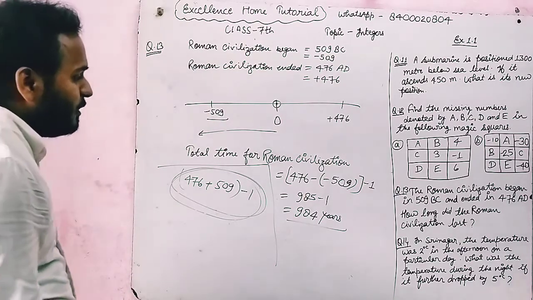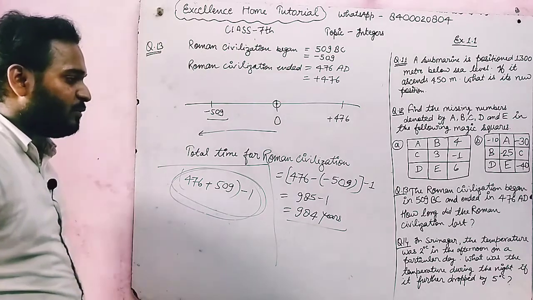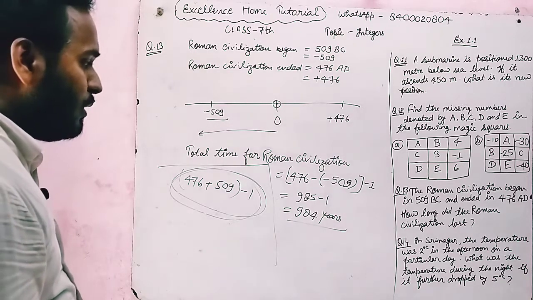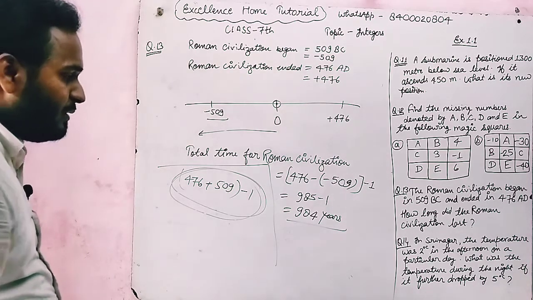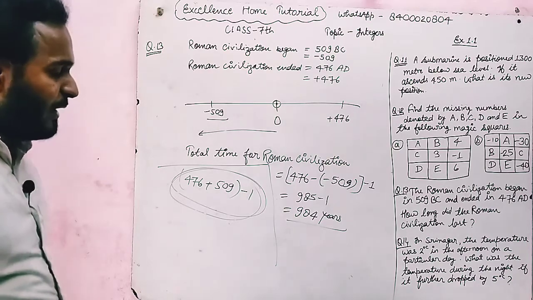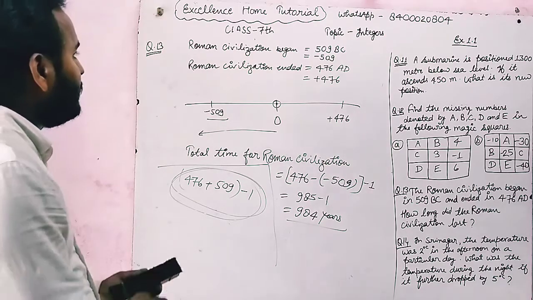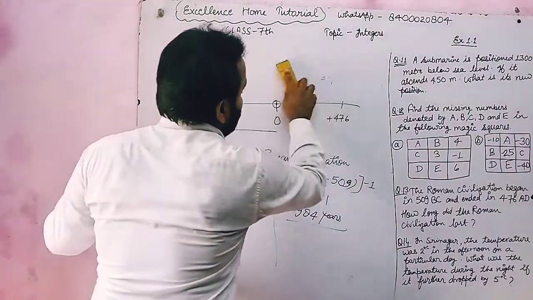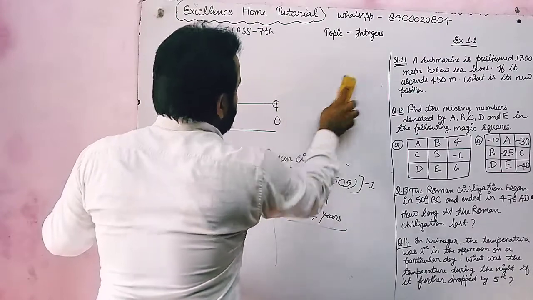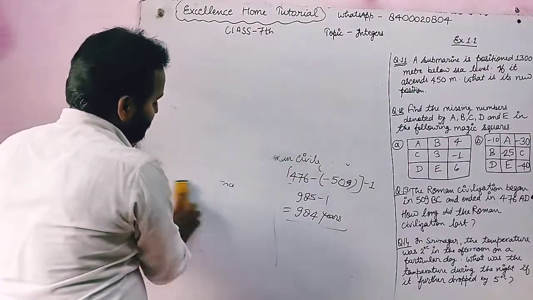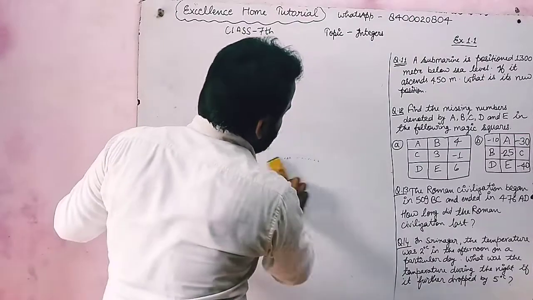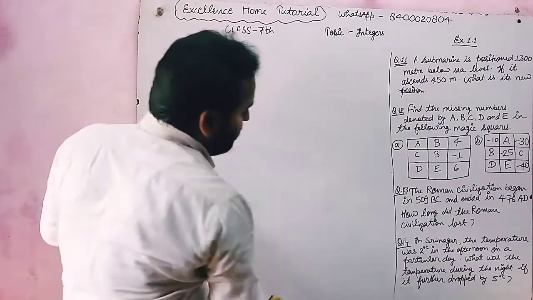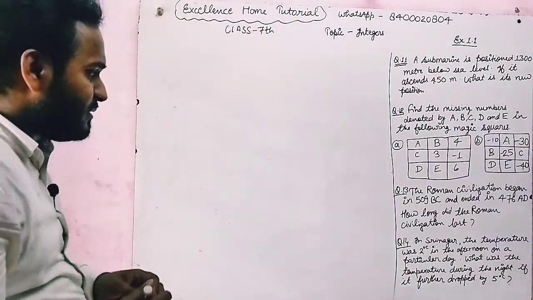And question number 14 is, in Srinagar the temperature was 2 degrees Celsius in the afternoon on a particular day. What was the temperature during the night if it further dropped by 5 degrees Celsius? So the question says a particular day, that means either Monday, Tuesday, Wednesday, Thursday, you can choose any day on which the temperature is 2 degrees Celsius.